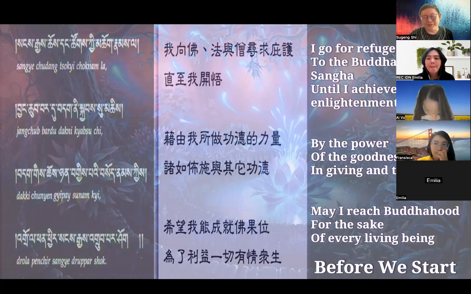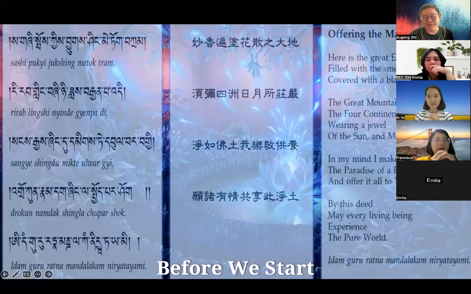Thank you. So basically, when we say lead prayer, it's quite easy. You do the mandala mudra, and the leader says the first word loudly, Sashi, and then all the rest will just follow until you finish. At Idang Guru Ratna Mandalakam, this turns your mudra into Anjali Mudra.